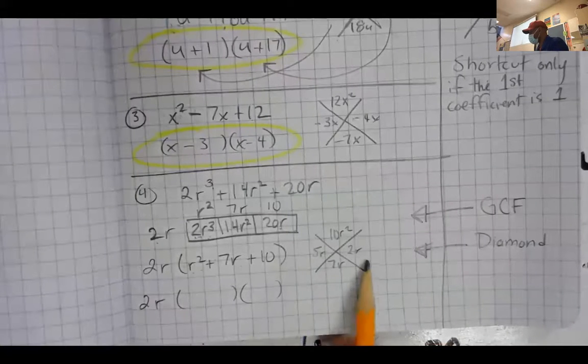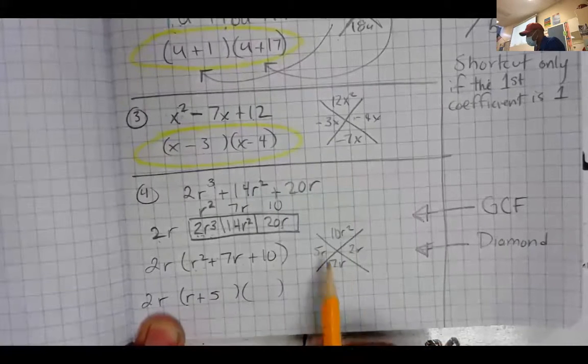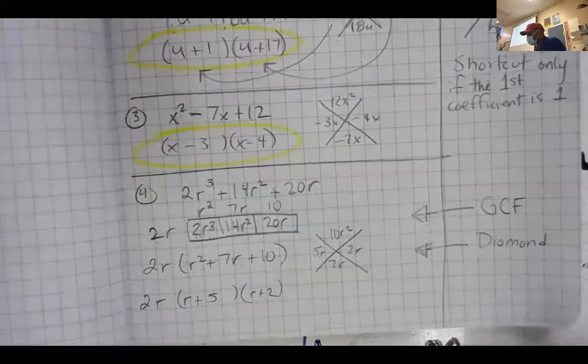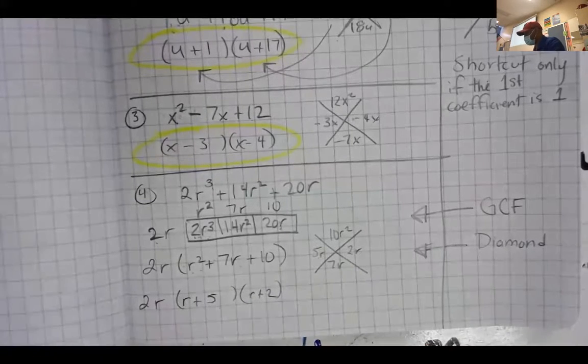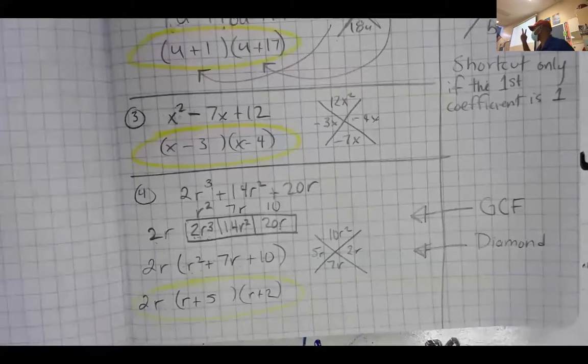So that's what ends up being my factor. So now I have r plus 5, and then r plus 2. And that is that expression completely factored. So I had to do 2 steps instead of just 1 in that case. 2 steps.